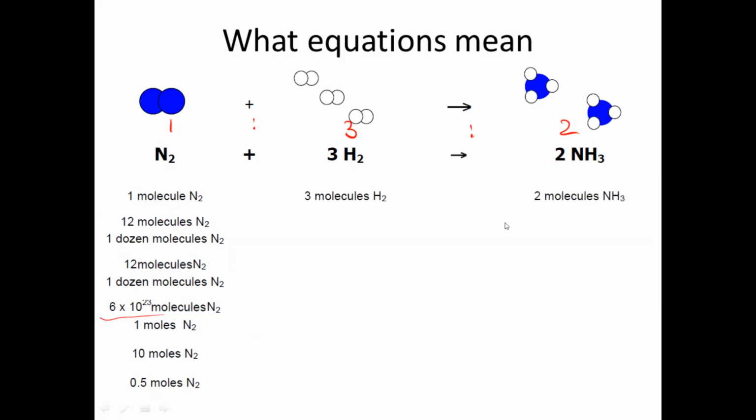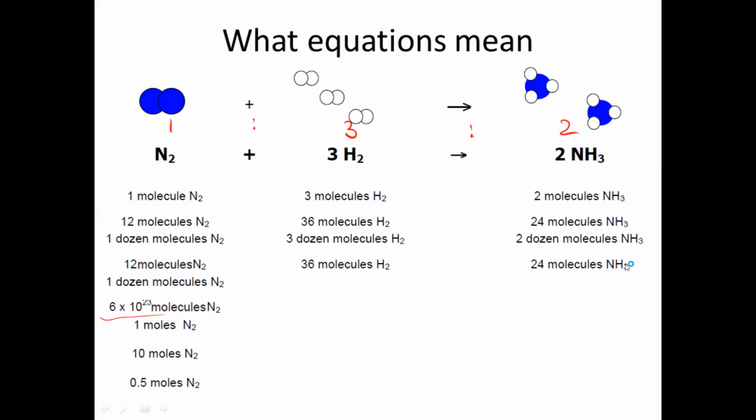So let's have a look how that works. If I have molecules, I've got ratio 1 to 3 to 2. If I times it by 12, I need to keep the same ratio, which means the same as a dozen, isn't it? 12 is a dozen. So the ratio is always going to be 1 to 3 to 2. The same when you have moles. 1 mole is 6 times 10 to the 23rd molecules.